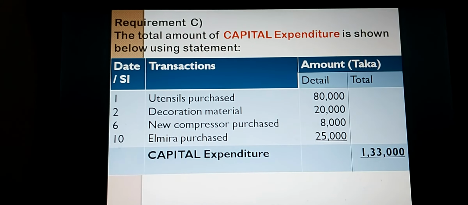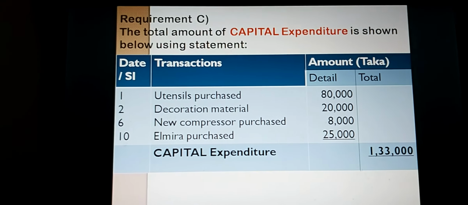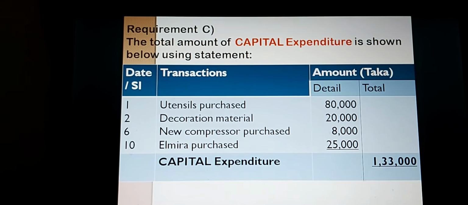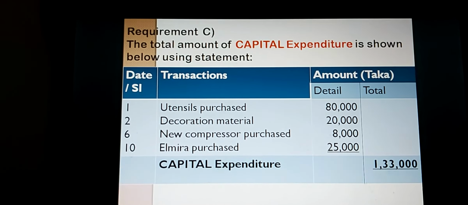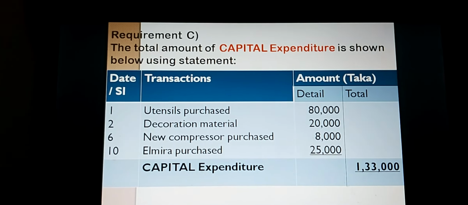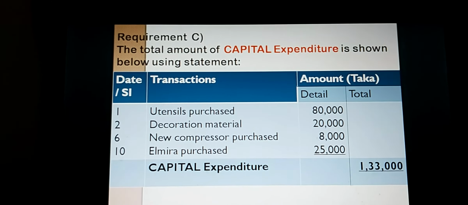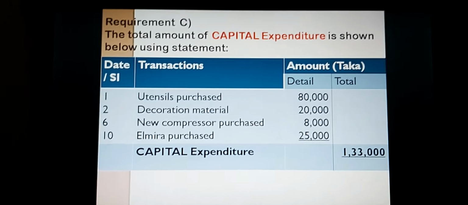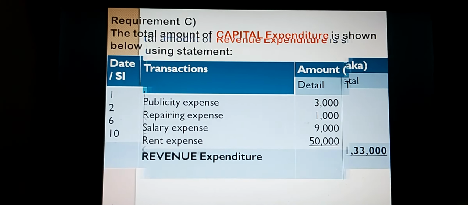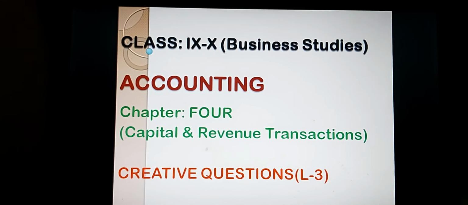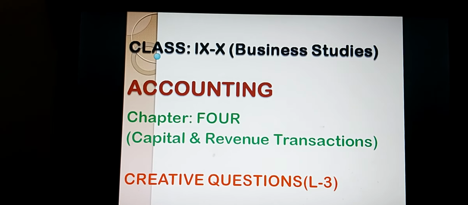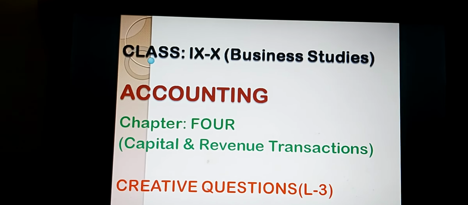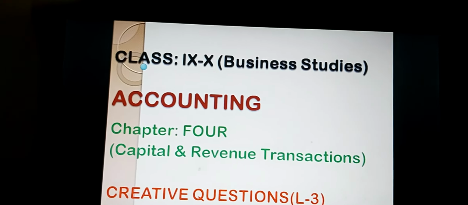In this question, capital transactions are: on May 7, decoration cost of shop, taka 1 lakh, and May 20, a freezer purchased for shop, taka 45,000. Total amount of capital transactions in this question is 1,45,000.